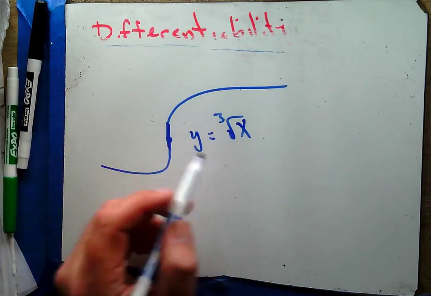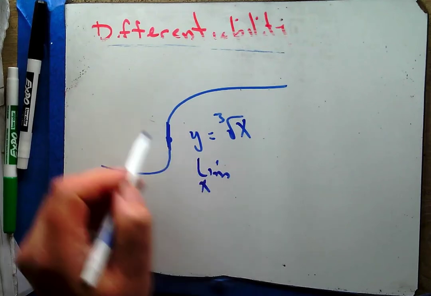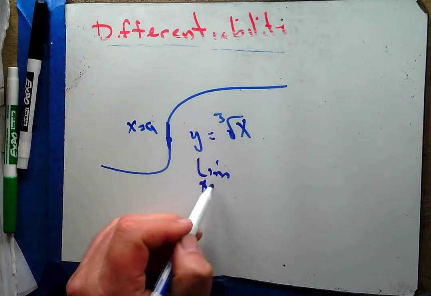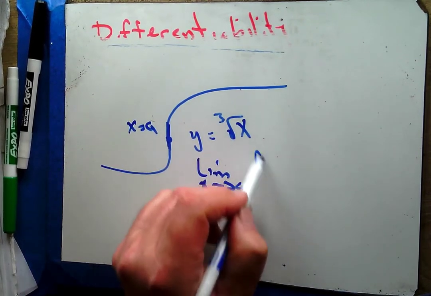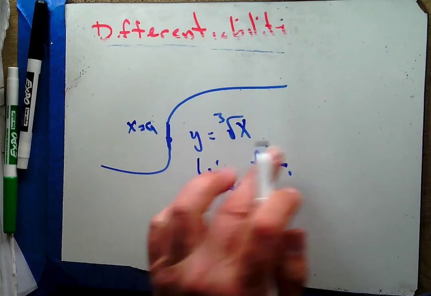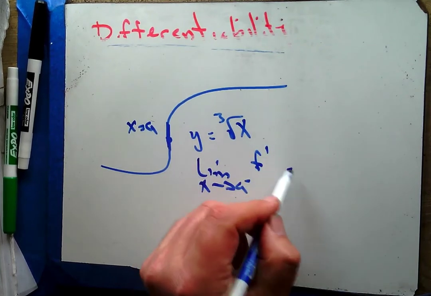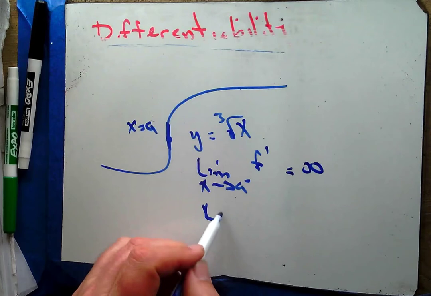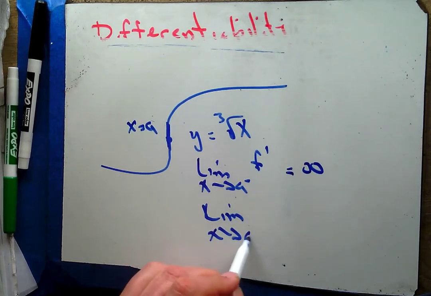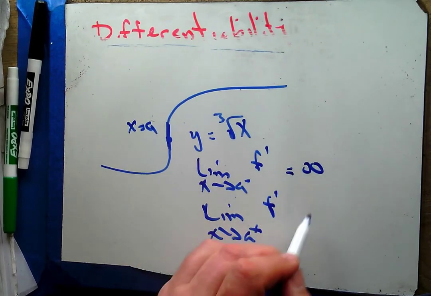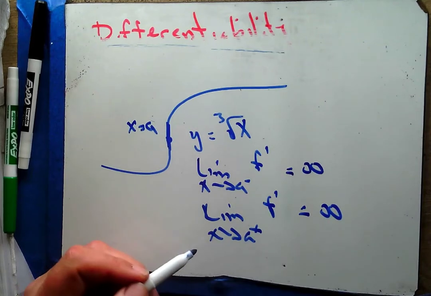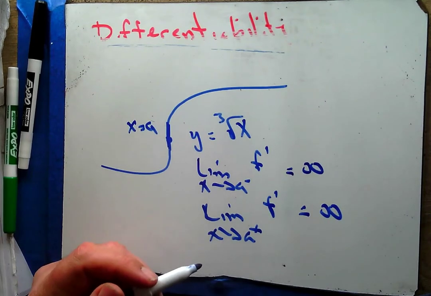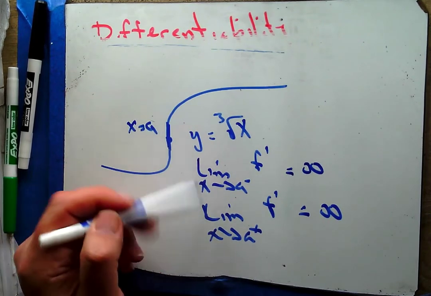The limit of the slopes, limit as x approaches a from the negative side of f prime is infinity, and the limit as x approaches a from the positive side of f prime is also infinity. The limit of the slopes are both approaching infinity as x approaches a.